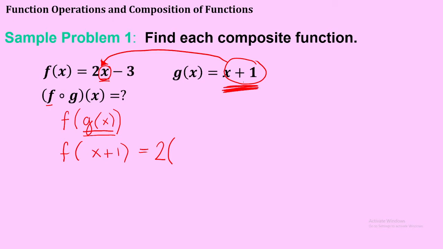X plus 1. So again, our function f is 2x minus 3. This x, I will replace with x plus 1. So what happens is 2 times x plus 1 minus 3, which comes from the function of f.